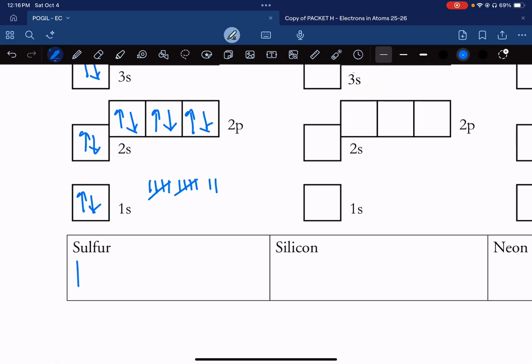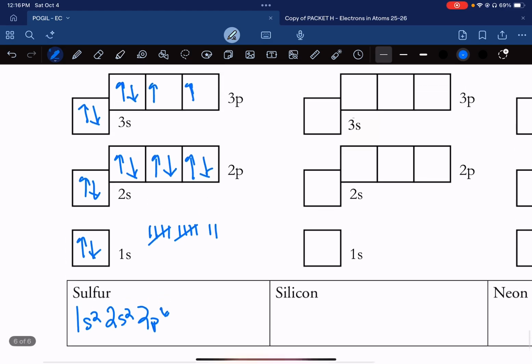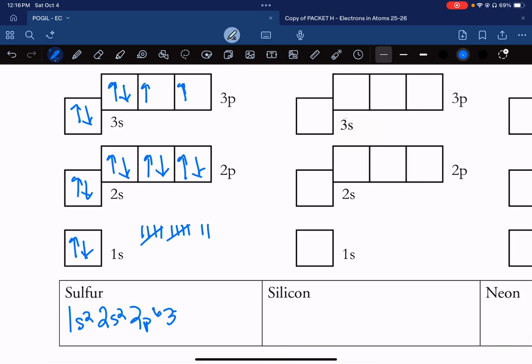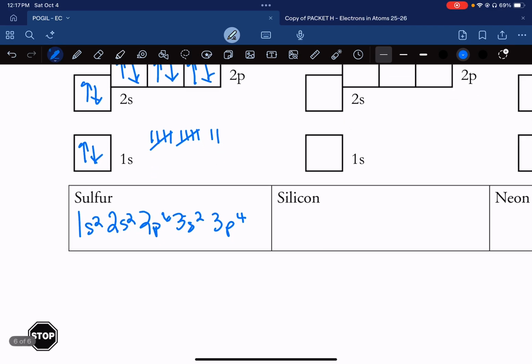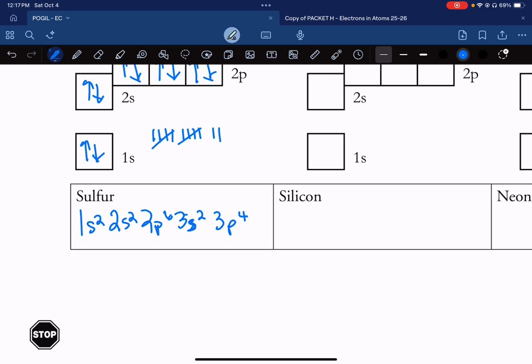If we have a pair of electrons, it's like both of our bunks are full. And the electron configuration is like the manager's code.